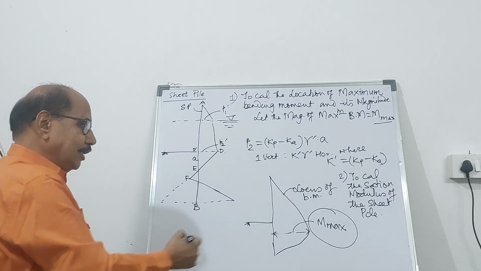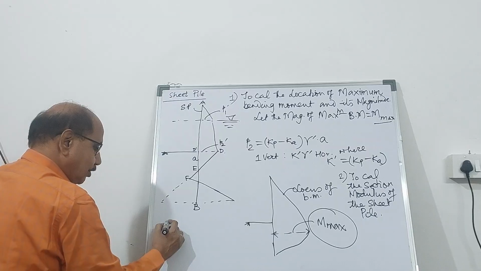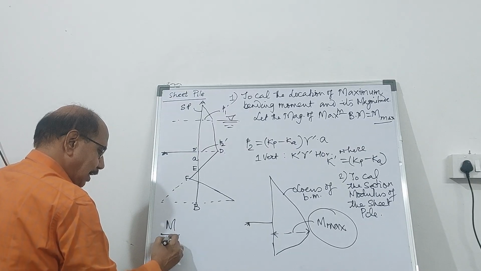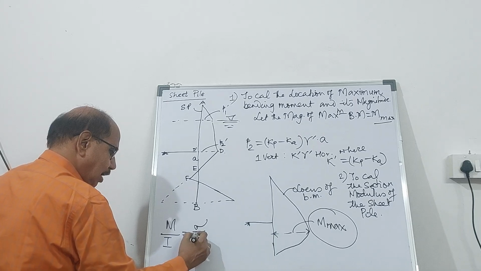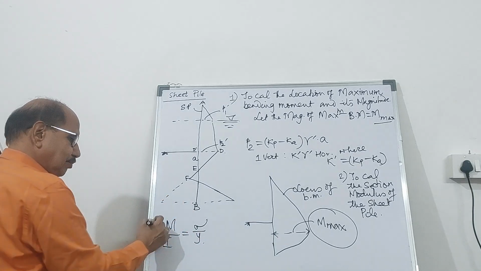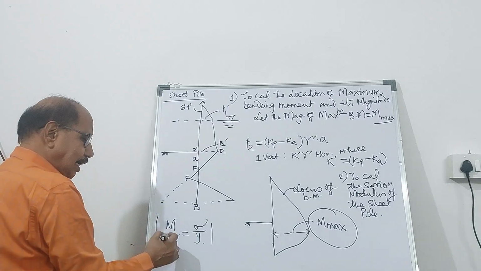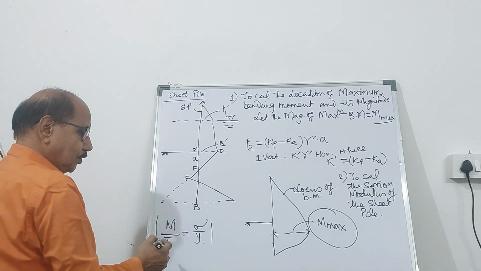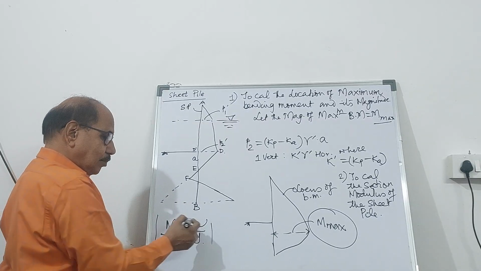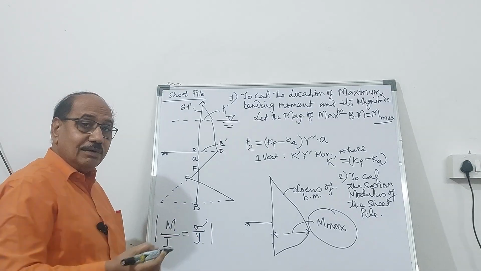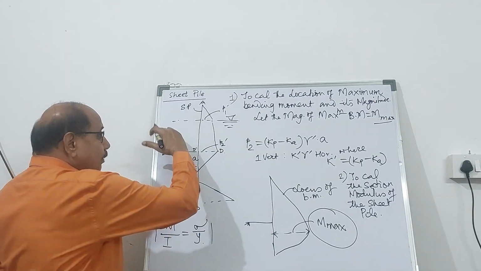Because you know the relationship, how will you find out the section modulus? We already know that M by I equal to sigma upon y. This is the famous relationship where M is the bending moment, I is the moment of inertia of the sheet pile, sigma is the allowable flexural stresses because it is going to bend.